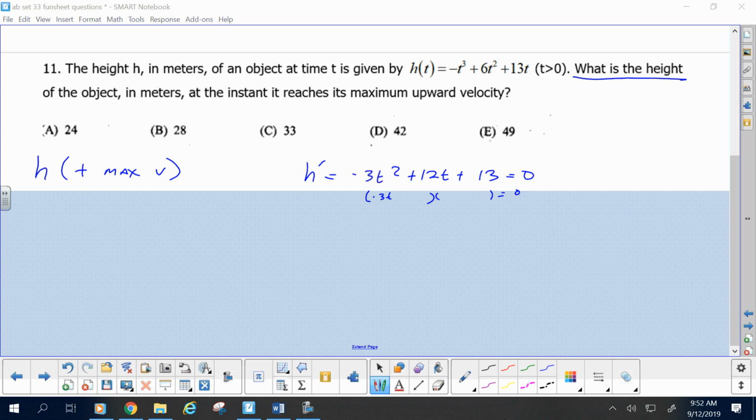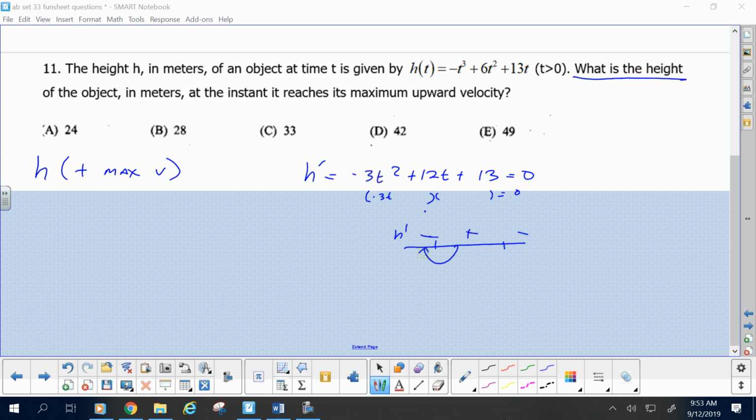If you do this, say you found some points and then you sign tested it. Say it came out clean and you found that H prime went positive to negative to positive. You follow me? Actually, probably negative, positive. Anyway, what would that indicate here?